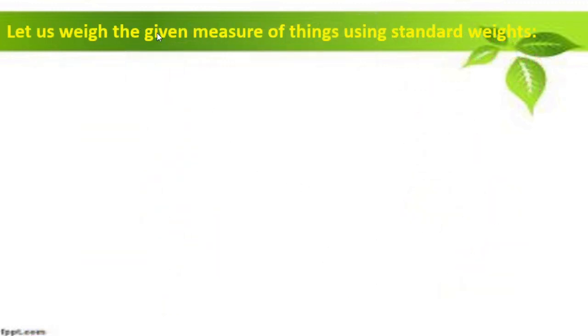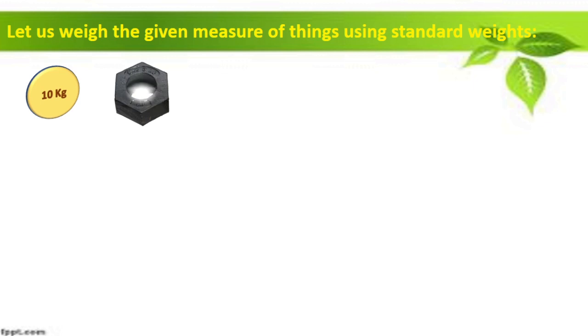Let us weigh the given measure of things using standard weights. Yes, here you can see 10 kg we have to weigh, and we have only 5 kg stones. Then how many times do we have to weigh 5 kg? Yes, one time, two times. Correct.